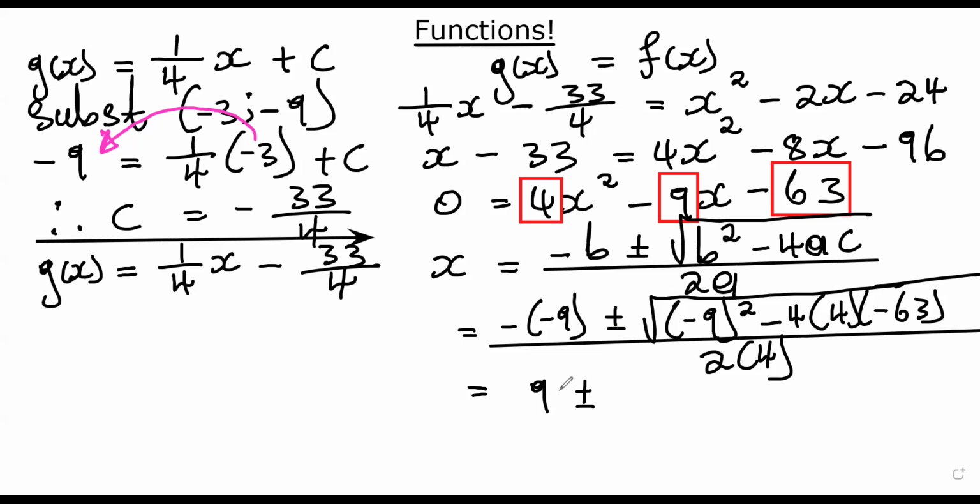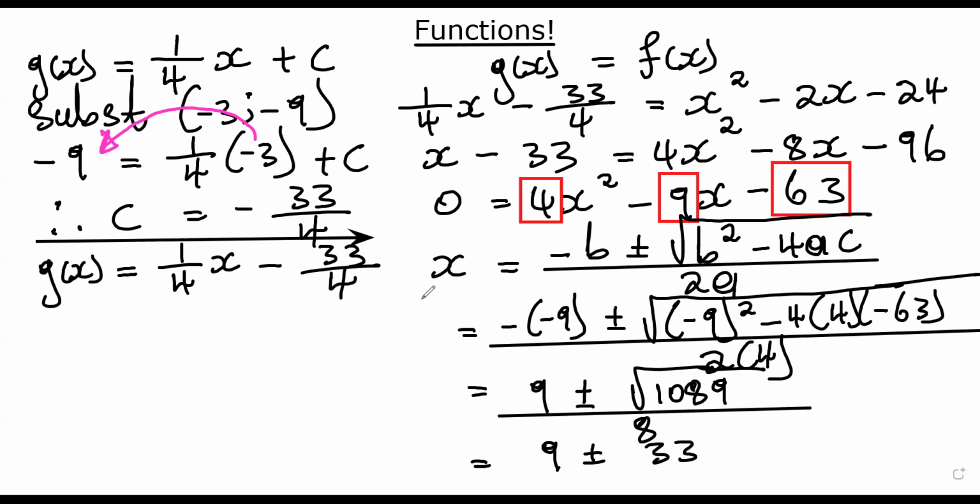Let's see. It's negative 9 squared minus 4 into 4 times that. Yes. So you get the square root of 1089. And then you still say everything is divided by 2 times 4, which is 8. So you have 9 plus or minus the square root of 1089, which is 33, and this is divided by 8.